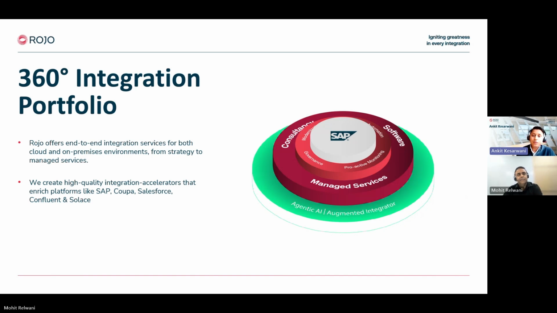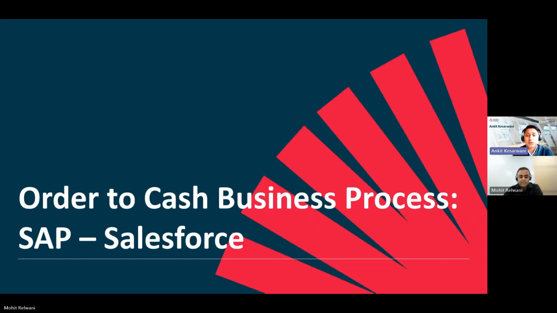We are actively working on this area with many customers, and we will talk about it at the end of the presentation. But the topic for today is the integration of Salesforce with SAP S/4HANA, and this is where my colleague Mohit will explain how this works, what exactly it means, and what we can take out of this session. So over to you, Mohit.